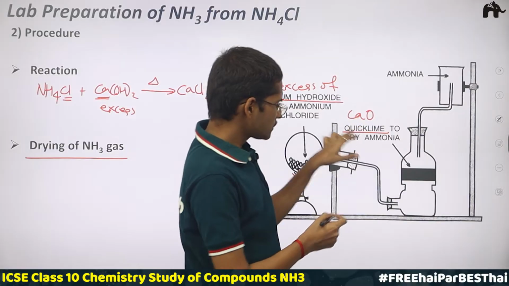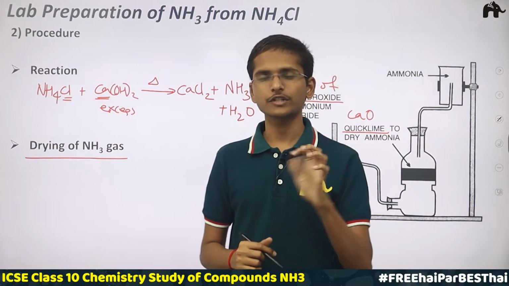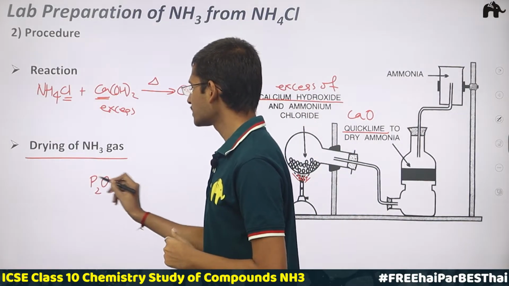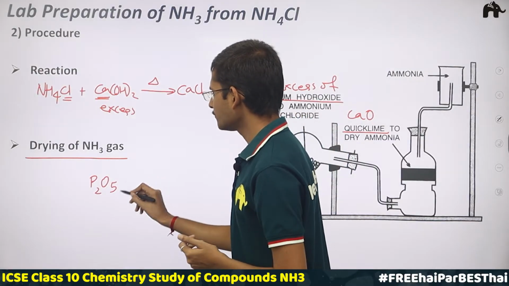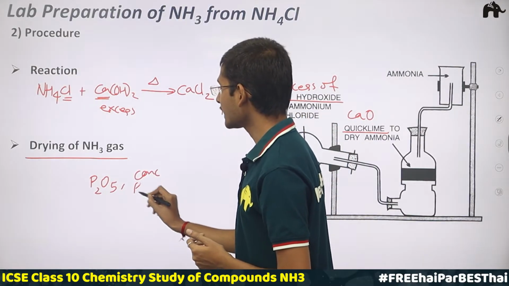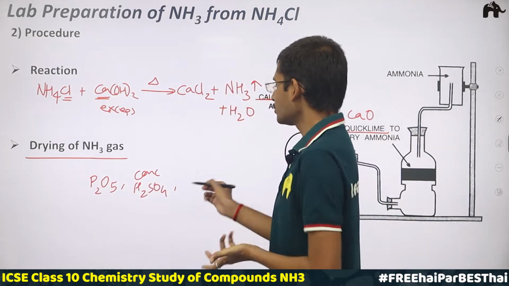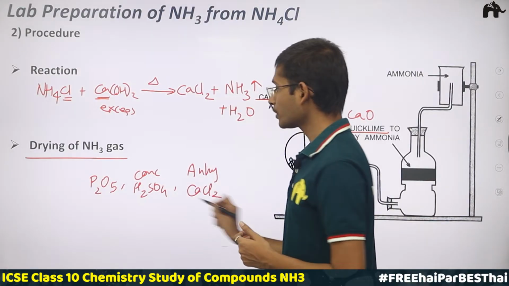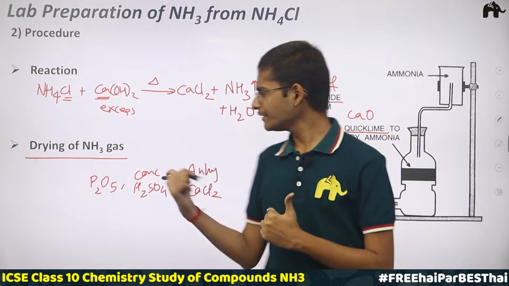Just a point to be noted here, that we are using quicklime, calcium oxide, as a drying agent, but we don't use drying agents like P2O5, phosphorus pentoxide, or concentrated sulfuric acid, which we have used in the case of HCl gas, or anhydrous calcium chloride as well. All these three we don't use as a drying agent here, we only use calcium oxide. Now why we don't use them?